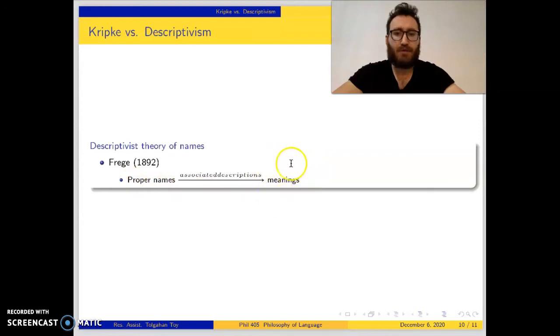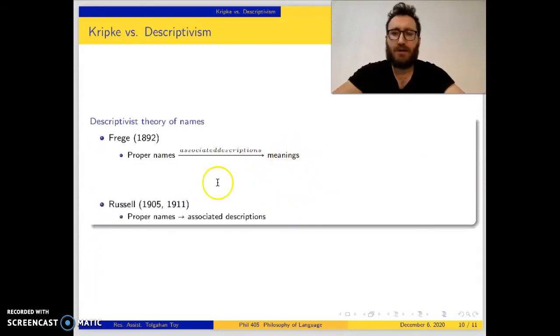The semantic values are here, but the link between linguistic terms and objects is provided by associated descriptions, as we know that associated descriptions are senses of proper names, because sense is the presentation of the object denoted.